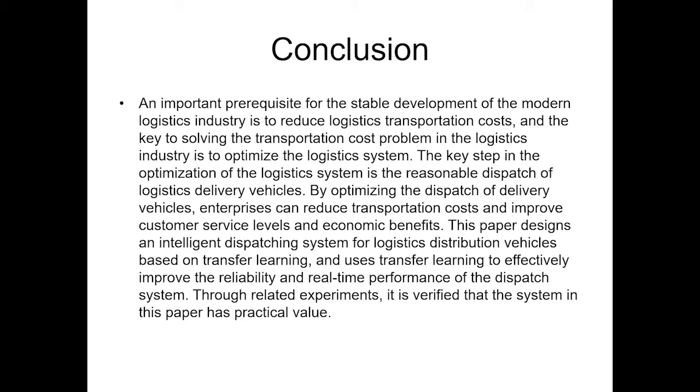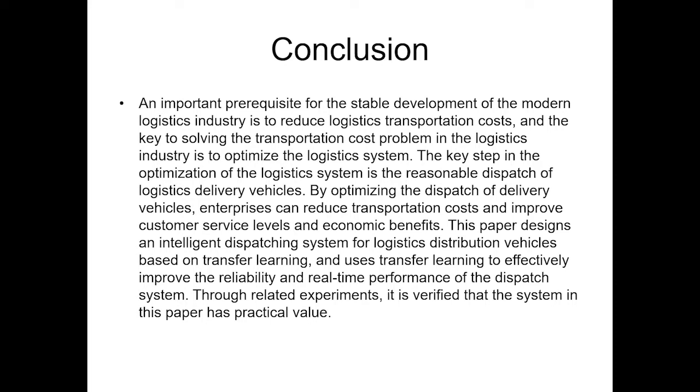Conclusion. An important prerequisite for the stable development of the modern logistics industry is to reduce logistics transportation costs, and the key to solving the transportation cost problem in the logistics industry is to optimize the logistics system.